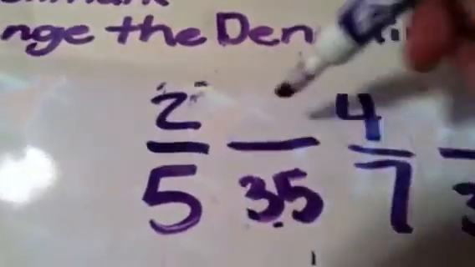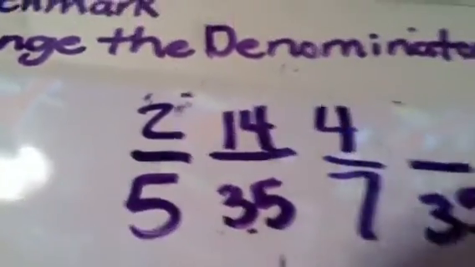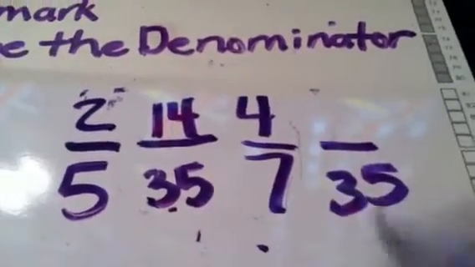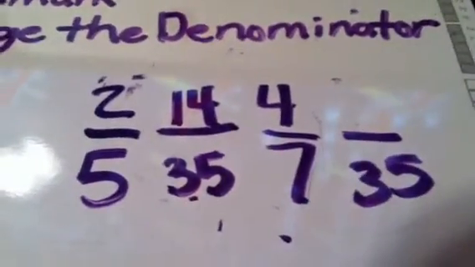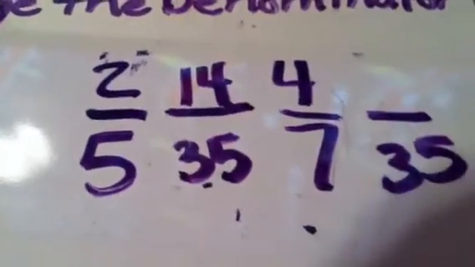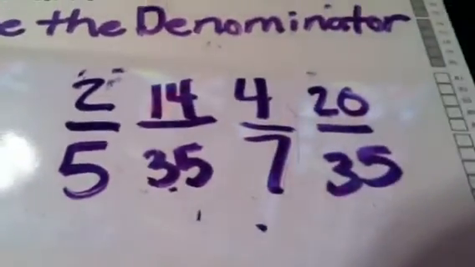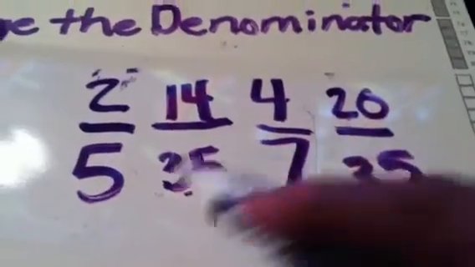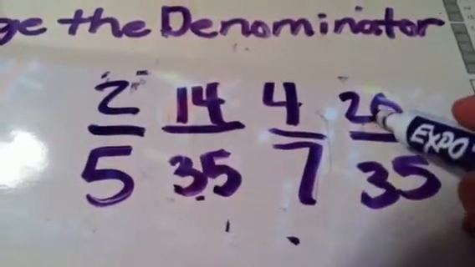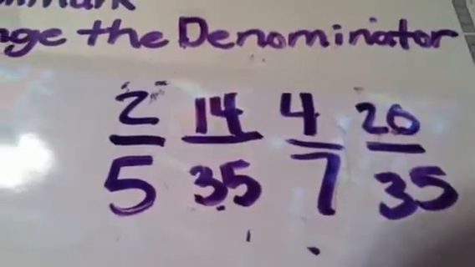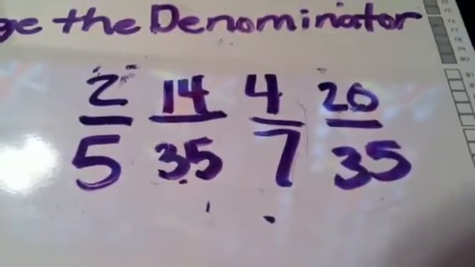So if we have the 2 up here, we're also going to have to multiply that by 7. Same with the 7. How did we get from 7 to 35? We multiplied by 5. So when we go from the 4, we're also going to have to multiply by 5, and we get 20/35. Now that they have the same denominator, again, you can see that this 4/7 is a bigger fraction than the 2/5.